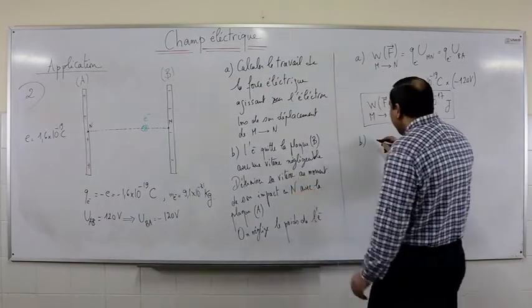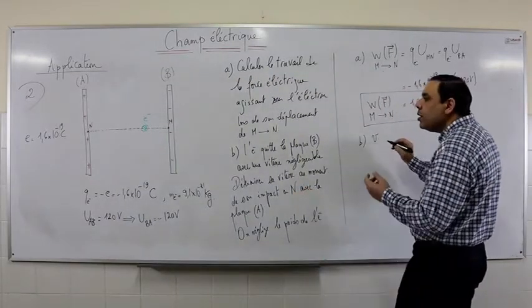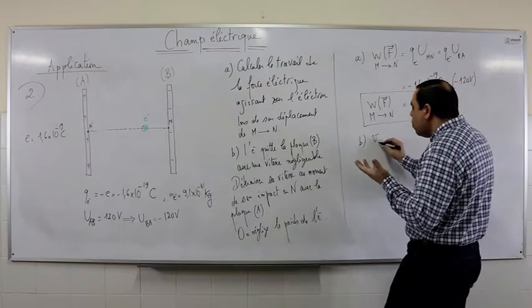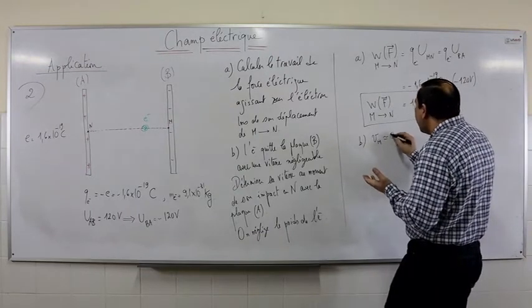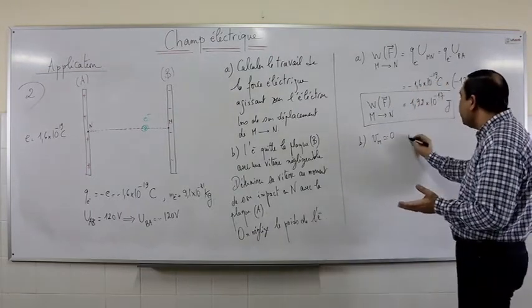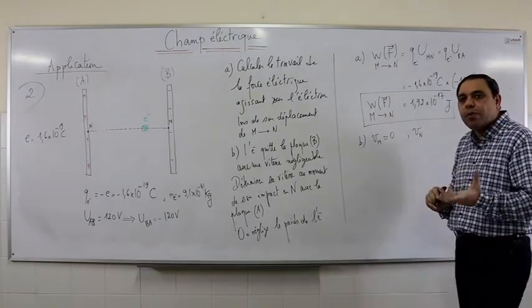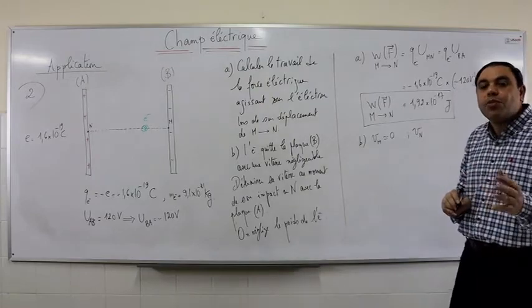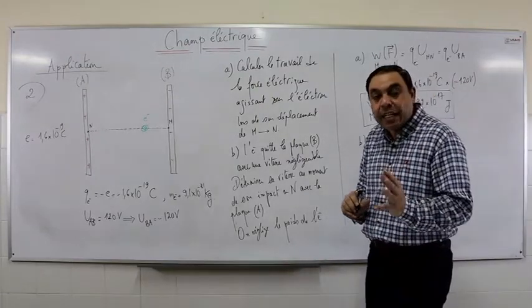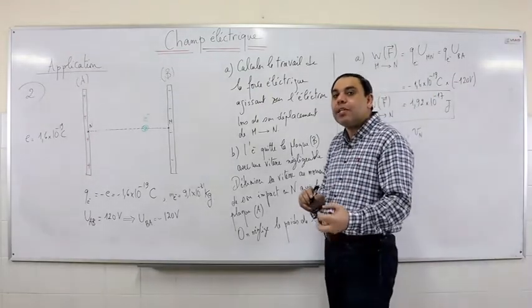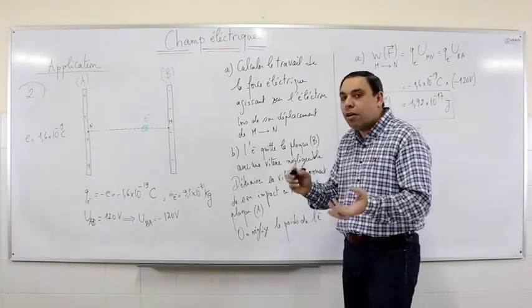That is to say, the speed of the electron as it leaves B at M is approximately 0. How much is the speed V at N? We use the kinetic energy theorem. The kinetic energy theorem will be applied on the electron.